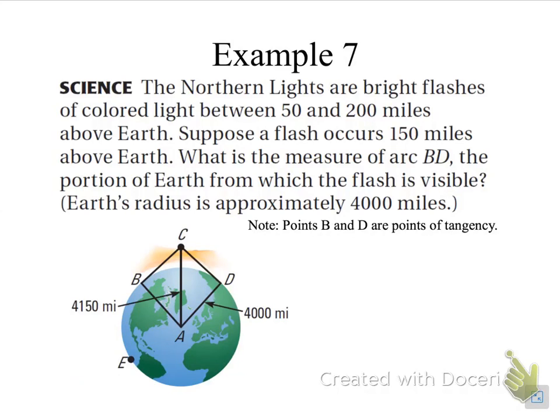Okay, so we're back to where we were, and what we're trying to find is BD right there, and we're going to call the measure of arc BD equal to X. Okay, that means there's another arc I'm drawing in yellow around the Earth.